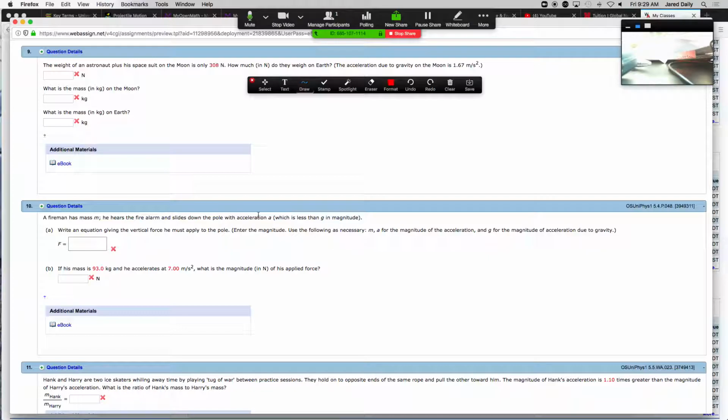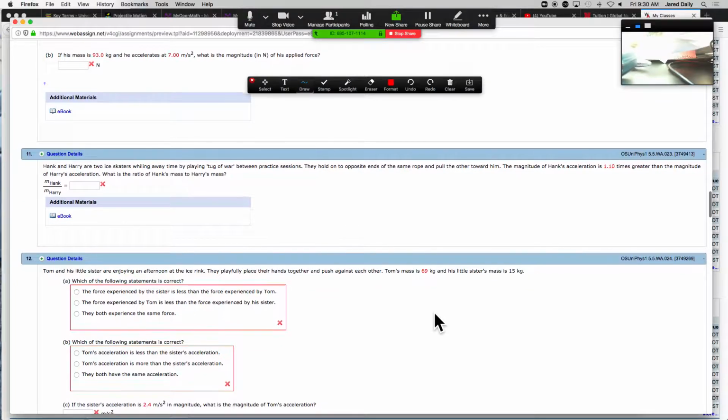And that has to equal the mass times the acceleration that they actually experience. So you can write that equation. In that part, they really just want the equation. Then they give you some numbers to plug into the equation, and you get a force.